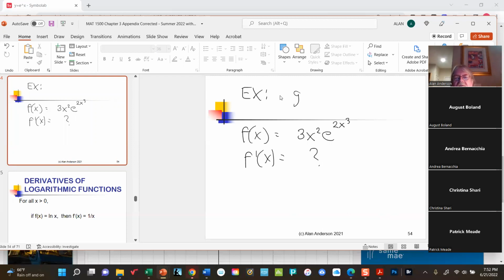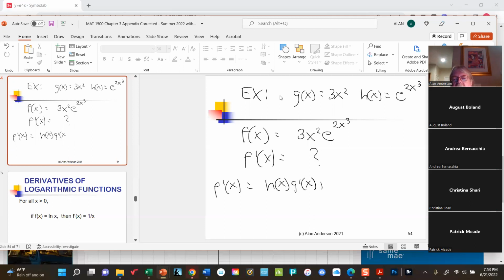So let's let g of x be 3x squared. h of x will be e to the 2x cubed. And so what you're going to do is figure out g prime of x and h prime of x, and then, of course, plug them in and see what you get.